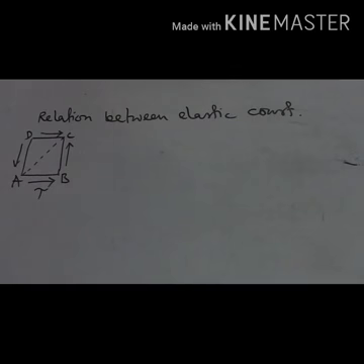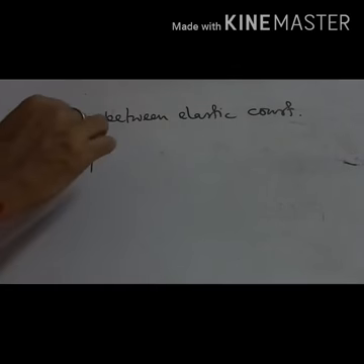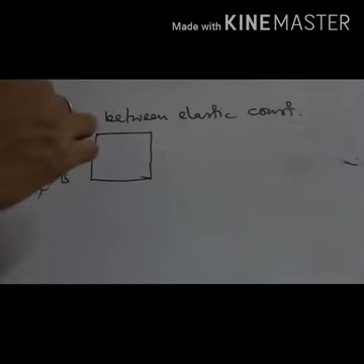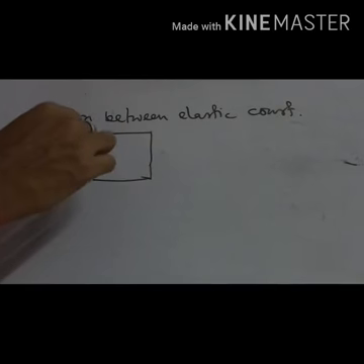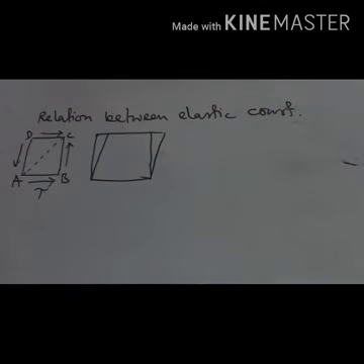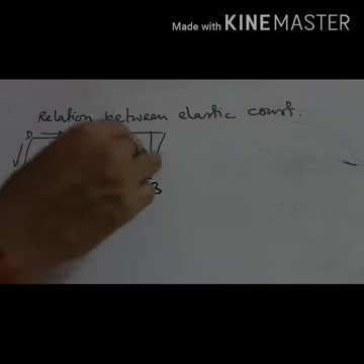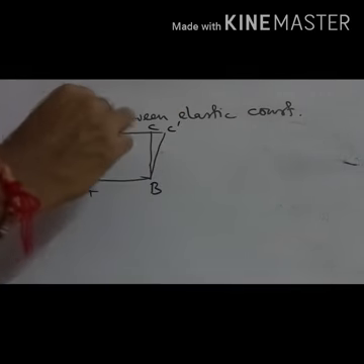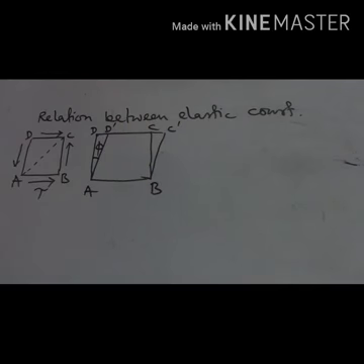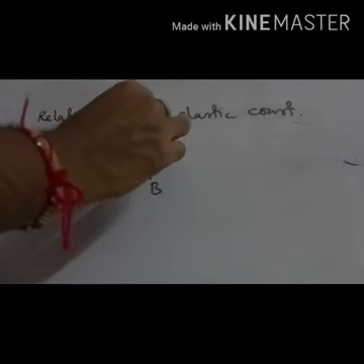If you draw the deformed shape like that, this angle is equal to phi, and A B C prime D prime, and this angle is almost 45 degree.